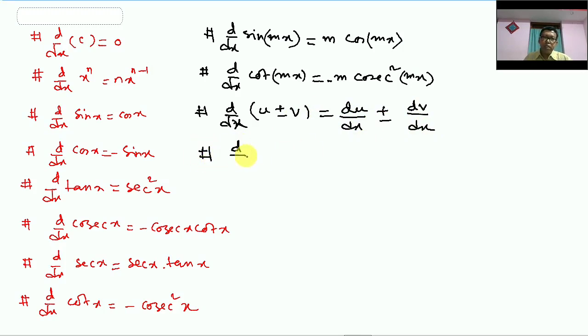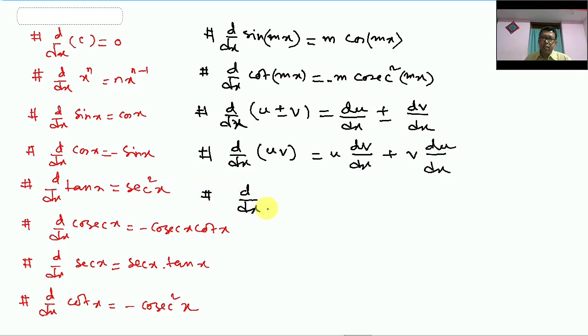Next, d/dx of uv, that is the product rule, is equal to u dv/dx plus v du/dx. Next, the quotient rule: d/dx of u upon v, where u and v both are functions of x, is equal to v du/dx minus u dv/dx, divided by v square.